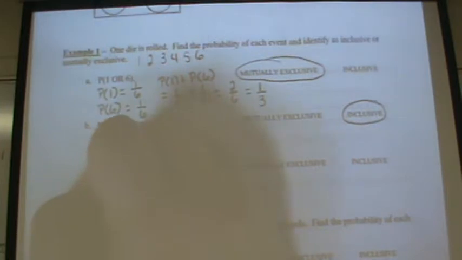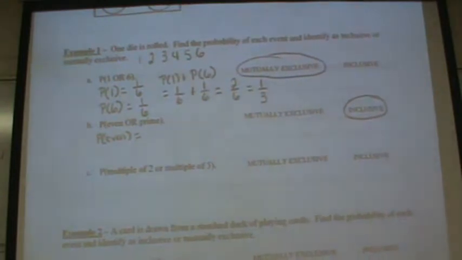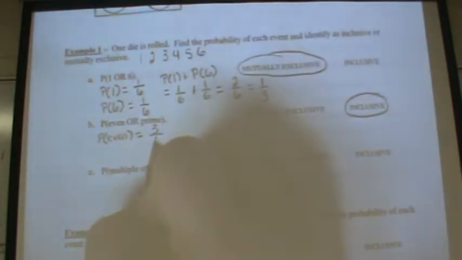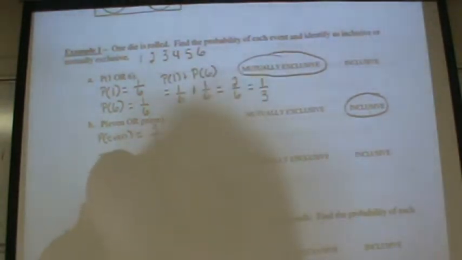So we need to find the probability of rolling an even number. So how many even numbers do we have? 3. We've got 2, 4, and 6. And that's still out of our 6 options. And then we need to find the probability of rolling a prime number.